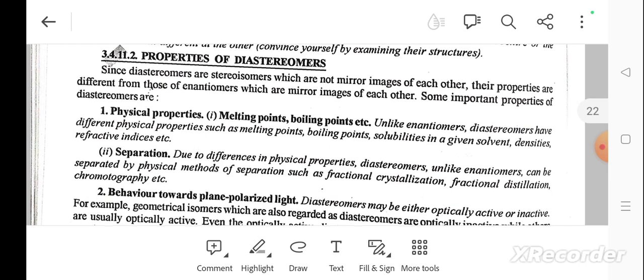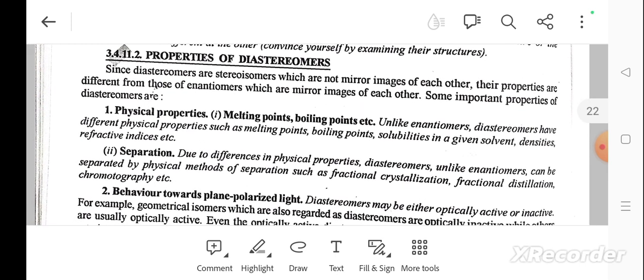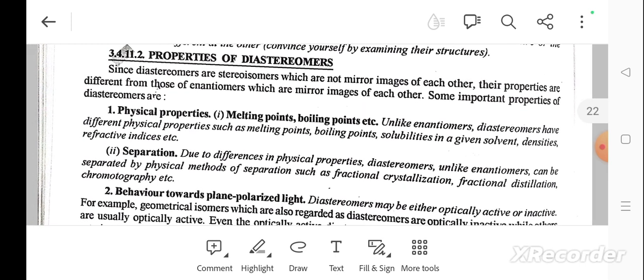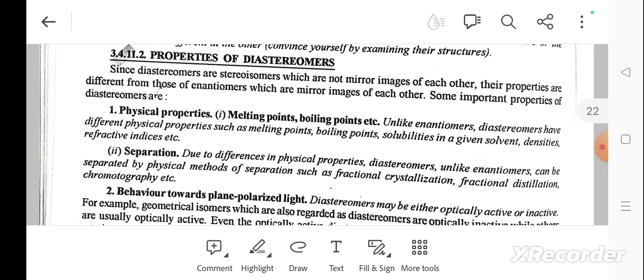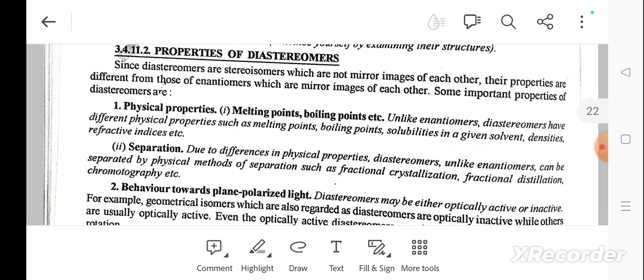The properties of these diastereomers: since diastereomers are stereoisomers which are not mirror images of each other, their properties are different from those of enantiomers, which are mirror images of each other. Some important properties of diastereomers.